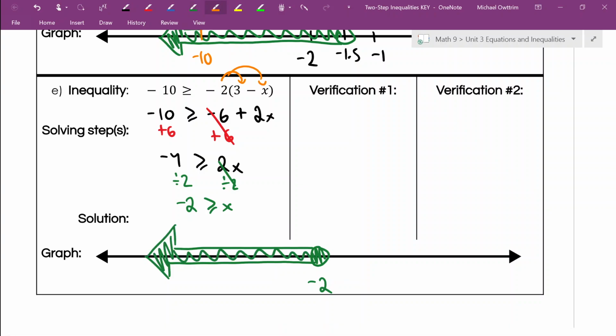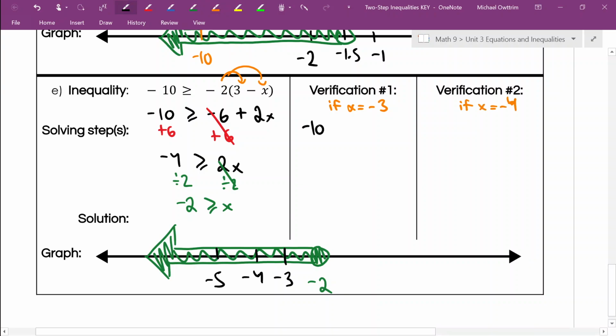Let's check some points in our solution region. So after -2, we might have -3, -4, -5, so on and so forth. So let's go ahead and check if x is -3 and if x is -4. So again, we want to substitute those into our original inequality. So just copying that down.